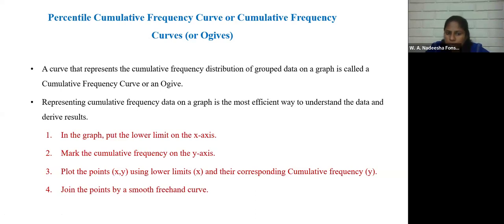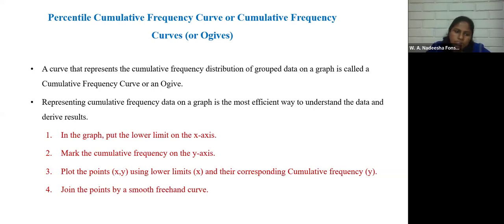Representing cumulative frequency data on a graph is the most efficient way to understand the data and derive results. There are two ways to draw this percentile cumulative frequency curve. We will discuss all these things.